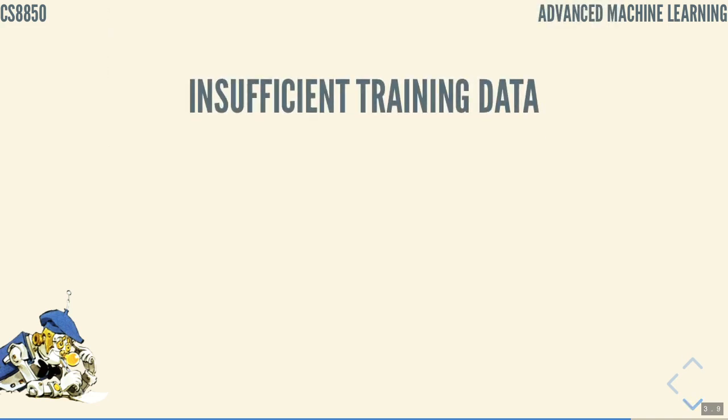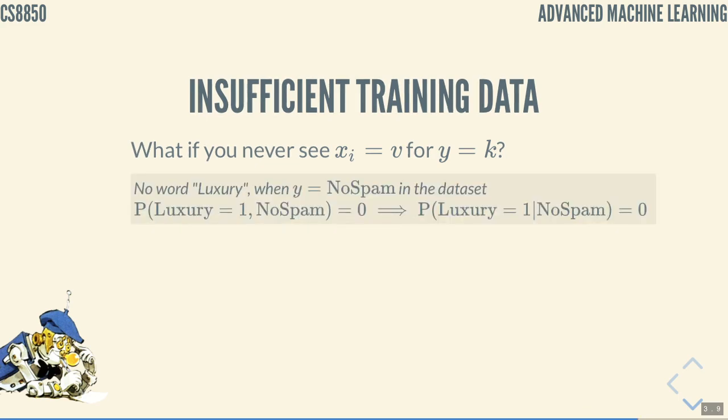So there is a problem with this whole approach with the naive Bayes classifier: what if you never see some particular value for some feature and some class? What if in the training data set some combination is never present, which is not surprising. For example, if we never see the word luxury in the no spam class in our training data set. Imagine no one used that word in a normal email, it was only seen in spam email.